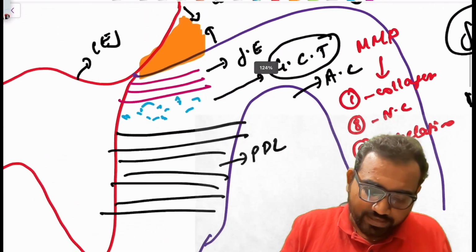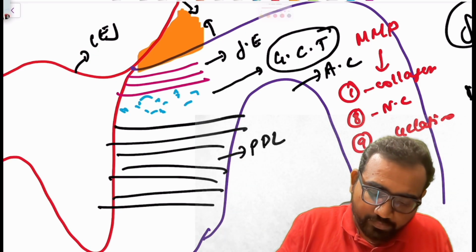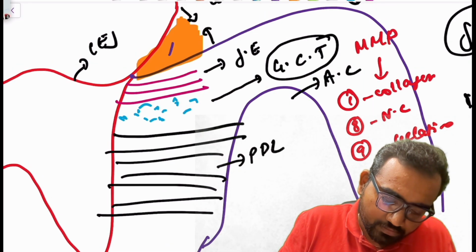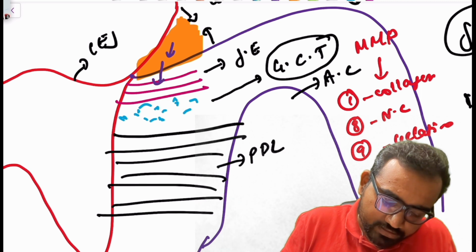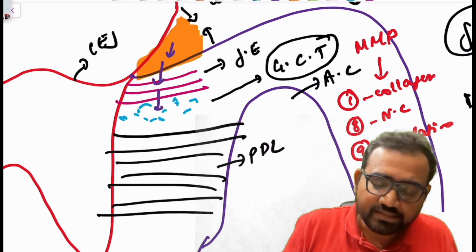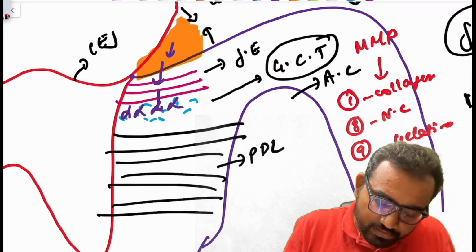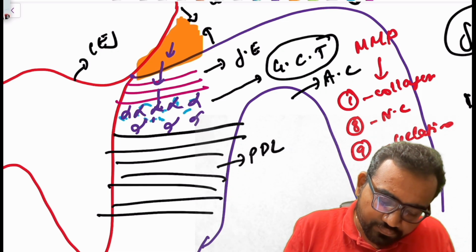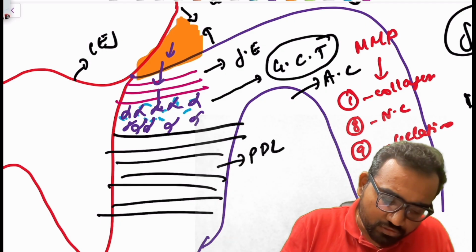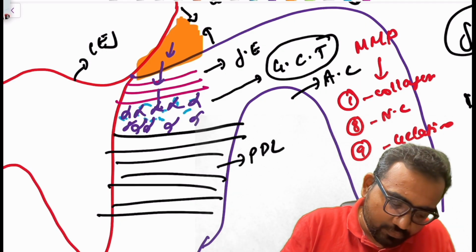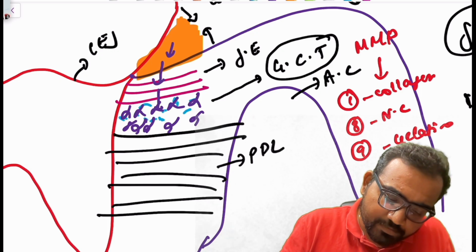Okay, now I'll tell you again in another way. Imagine this is P. gingivalis. It crosses the junctional epithelium. It comes and sits in the gingival connective tissue. So in the gingival connective tissue, it causes the destruction of the gingival connective tissue fibers. So the gingival connective tissue fibers are going to get completely destroyed, right? So what happens to the junctional epithelium?